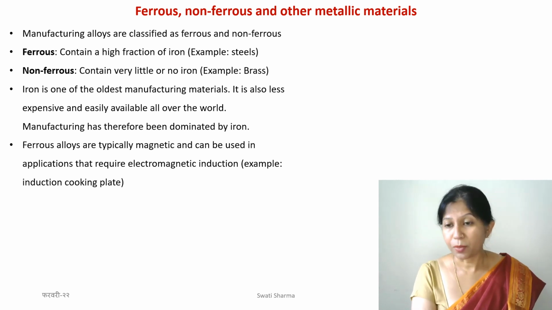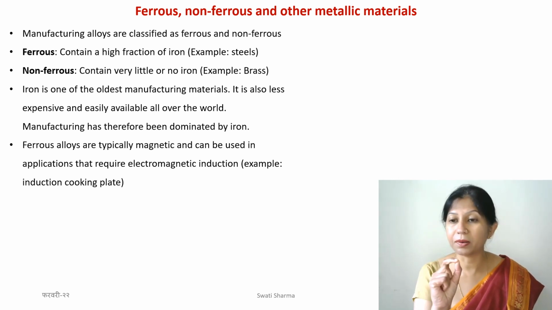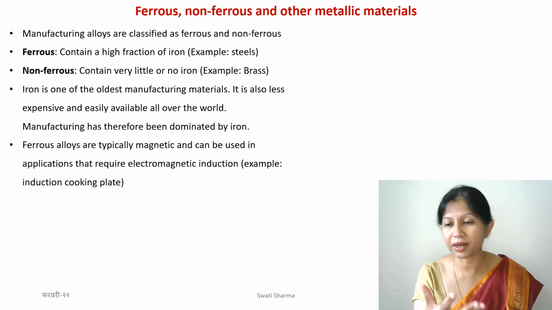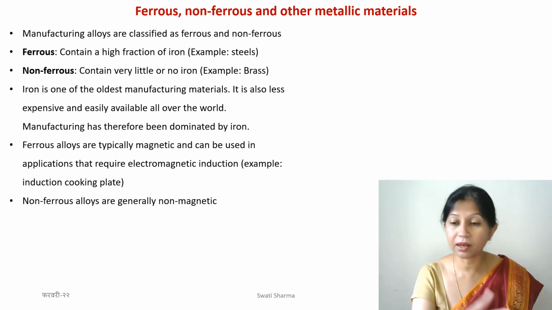Now, some other properties of iron: iron is magnetic, ferromagnetic. The alloys made of iron are not ferromagnetic, but they do have some magnetic properties. They often show some magnetic properties, and that is why you can use steel pots on an induction cooking plate, right? So they do have some magnetic property.